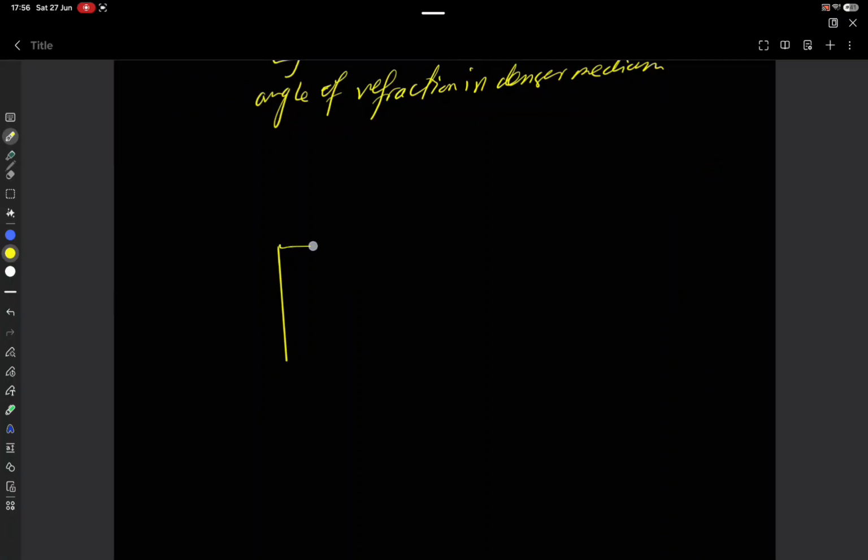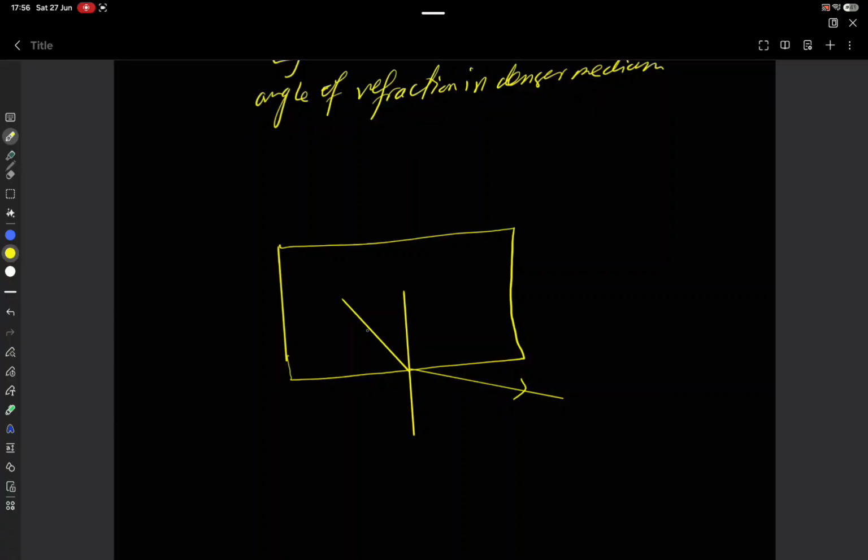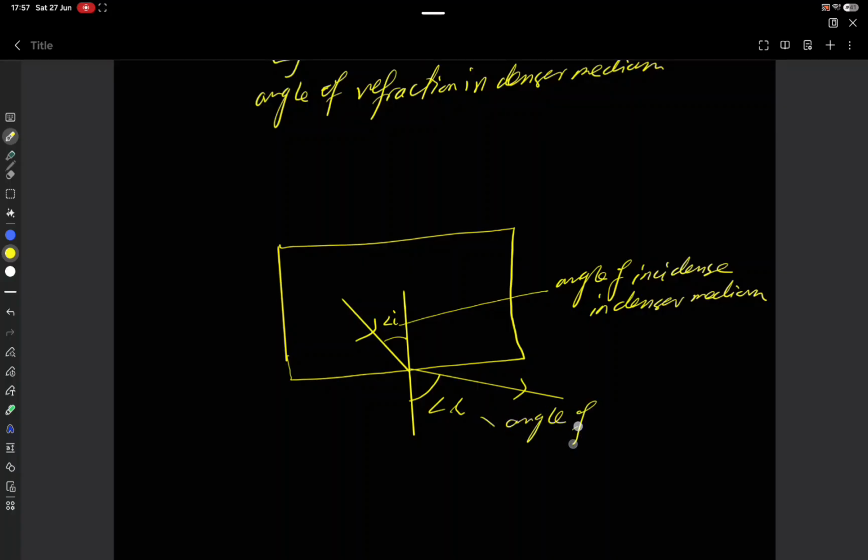Then from denser to less dense medium, this is the angle of incidence in the denser medium, and this is the angle of refraction in the less dense medium.